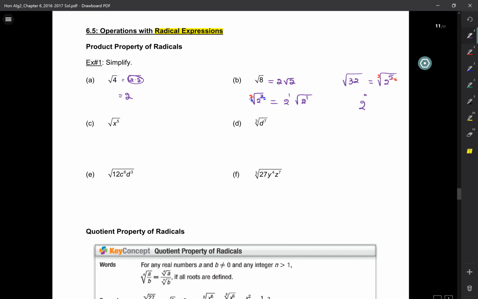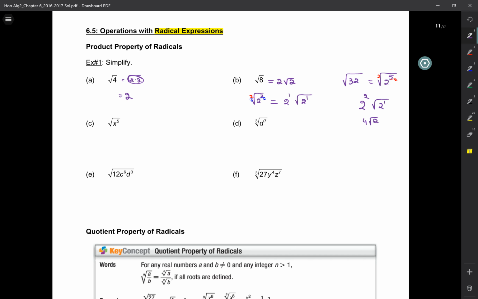So it'll be 2 to the 2 outside, and inside 2 to the 1. So it would be 4 root 2. Could we just do it the way you were doing it before? Yes, I'm doing this mainly because of the variables.